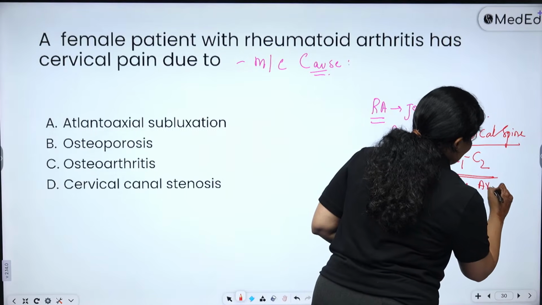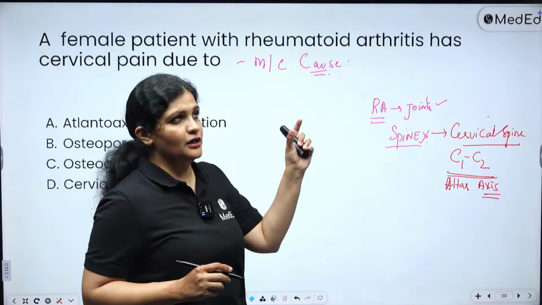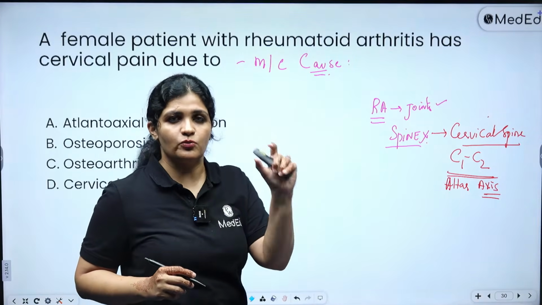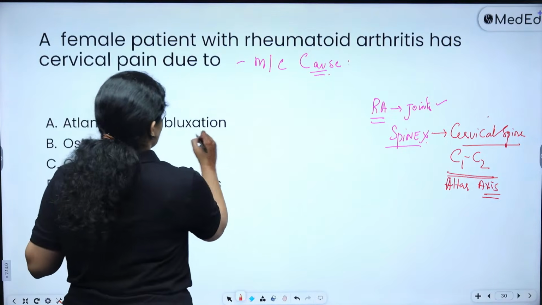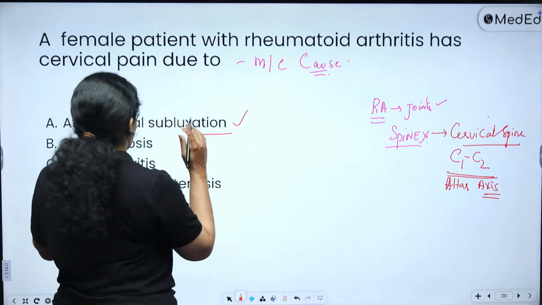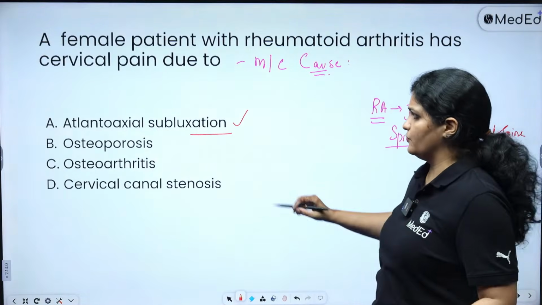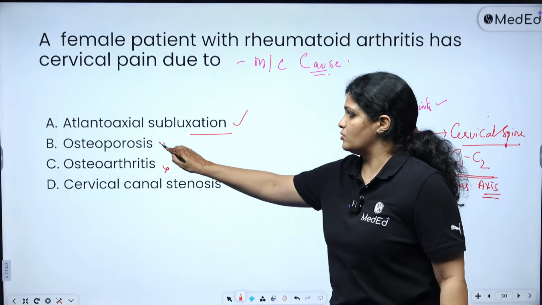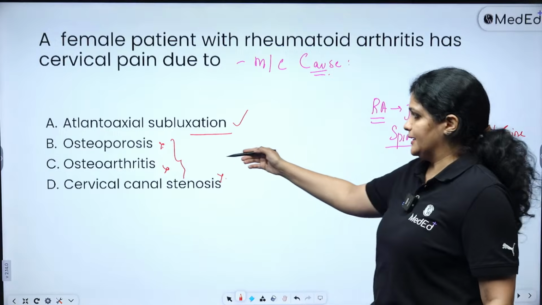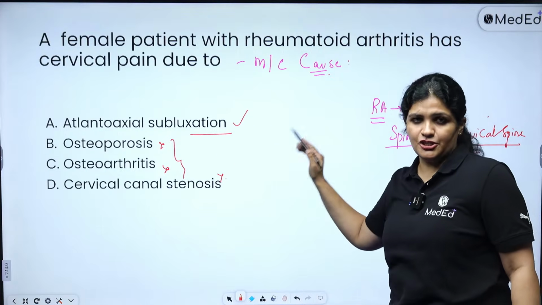So this Atlanto-Axial joint is what we see involved in rheumatoid arthritis, and this is called Atlanto-Axial subluxation. This is one important thing you have to remember. It is not cervical canal stenosis or osteoarthritis or osteoporosis which is usually seen, but what is more important is Atlanto-Axial subluxation.